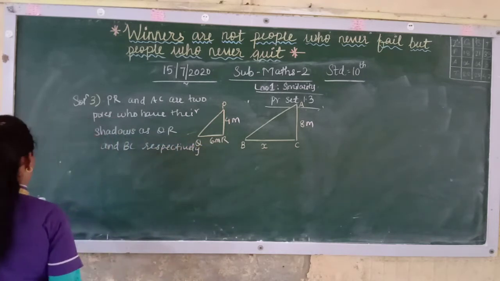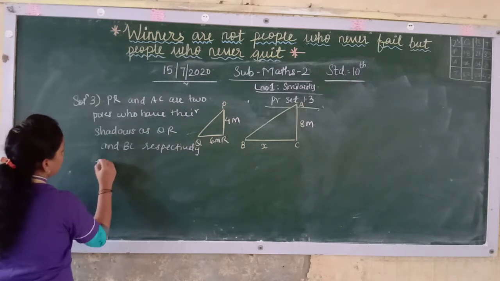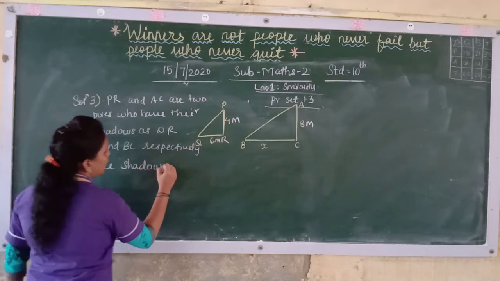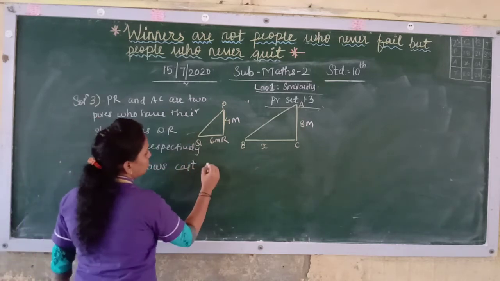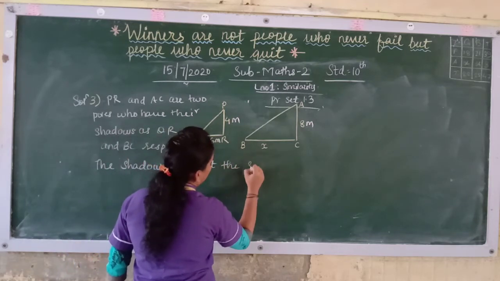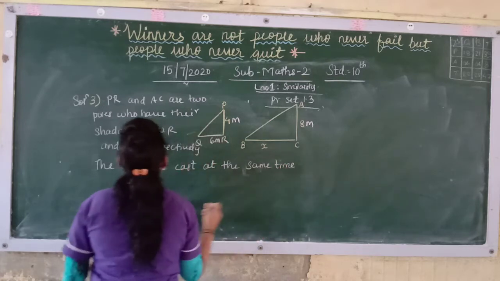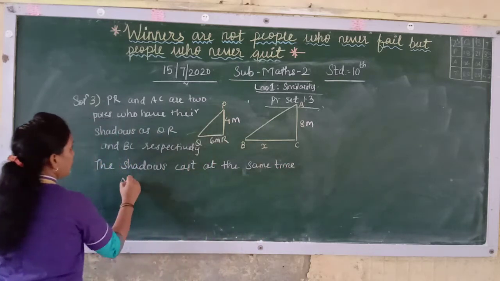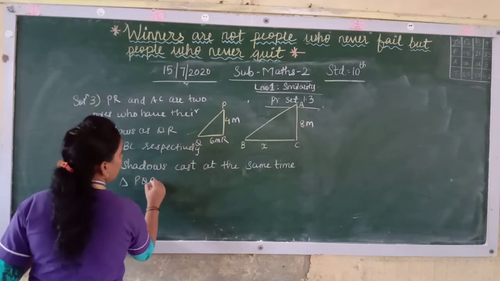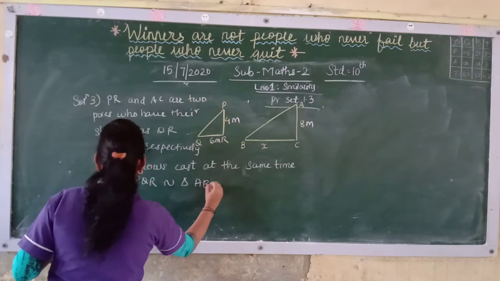Now they have given the values over here. Now since the shadows are cast at the same time, what will happen? Triangle PQR is similar to triangle ABC.